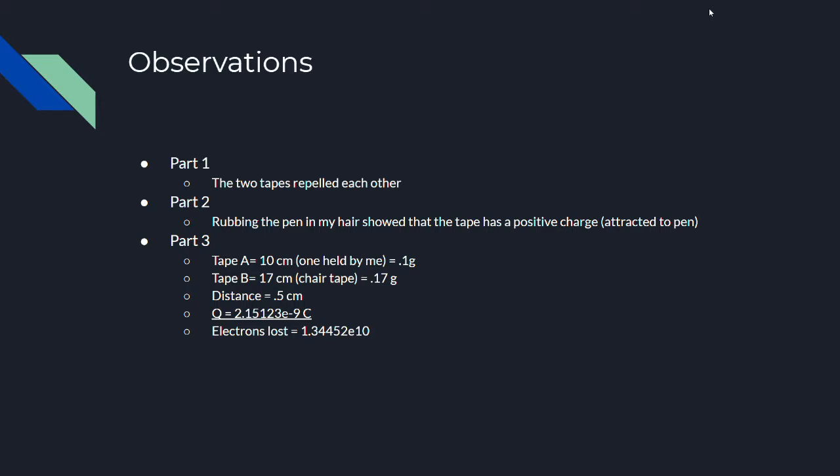For observations, these are just repeated from the first lab, but for this I'd like to focus on the length of tape A, because I'm assuming both tapes to have a length of 10 centimeters for the sake of this lab, and I'm also assuming the same distance. I'll also be using the charge that I calculated in the first lab.